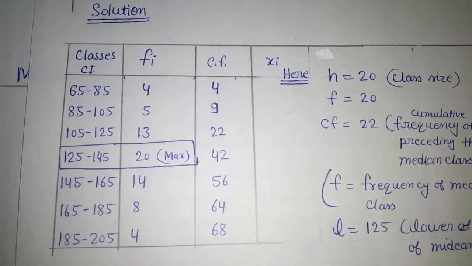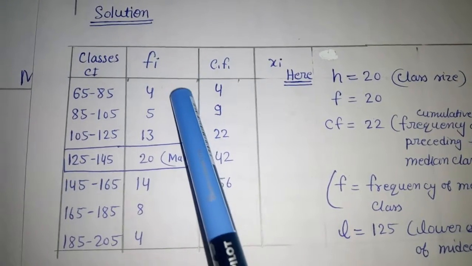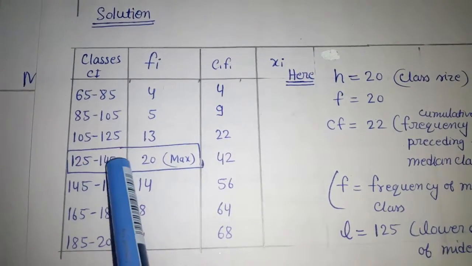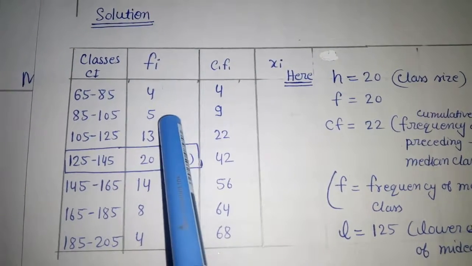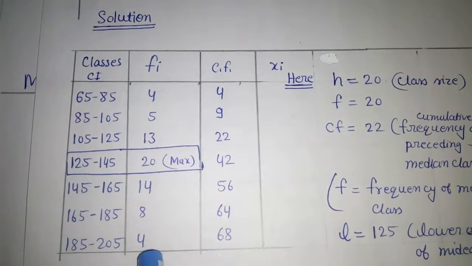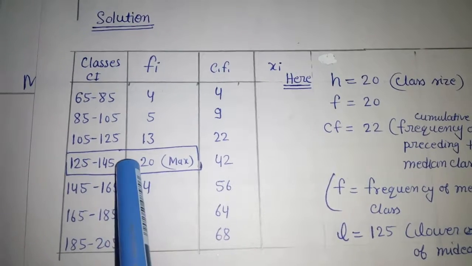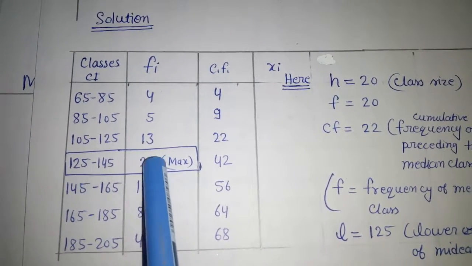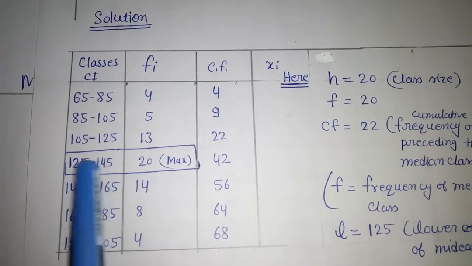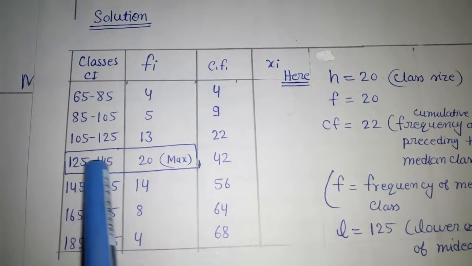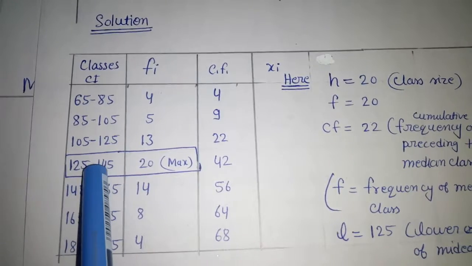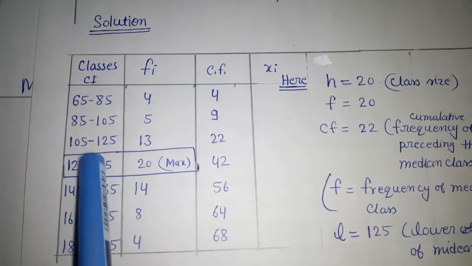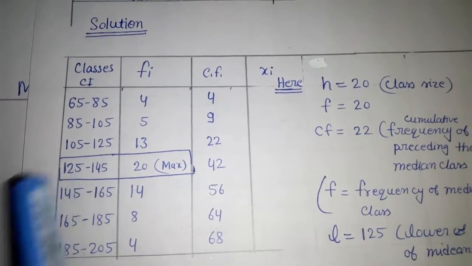Like here, the frequency of this group was maximum, 20. Here 4, 5, 13, 20, 14, 8, 4. The frequency of this class was maximum. That is why we have chosen this interval as the modal class.